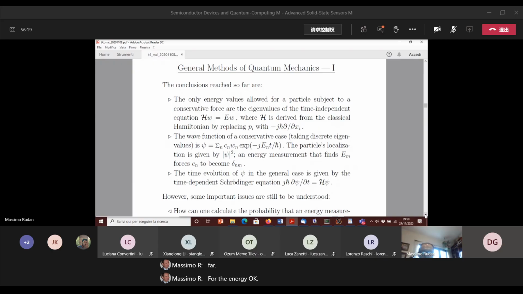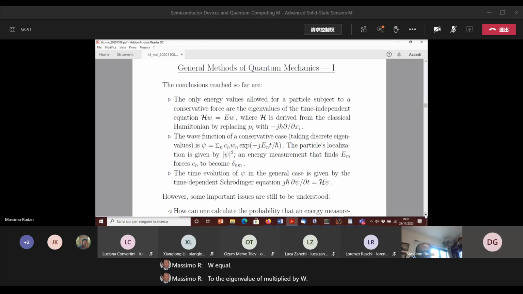So you remember that one of the conclusions that we found was that the only values allowed for the energy of a particle subjected to a conservative force are the eigenvalues of the time-independent equation, that is the Schrödinger equation. Hamiltonian applied to psi equal to the eigenvalue multiplied by psi.